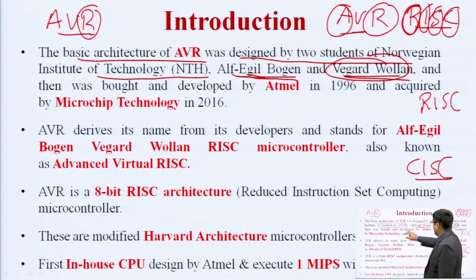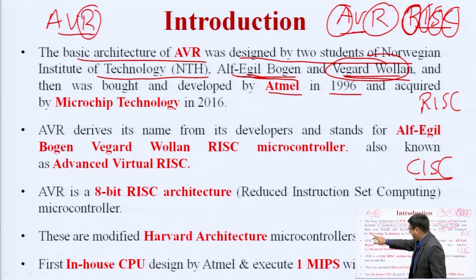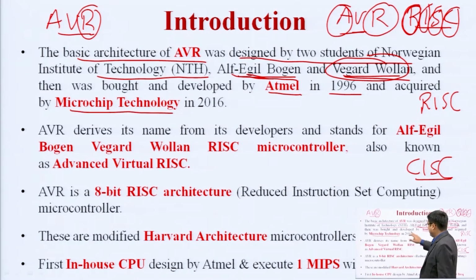It was bought and developed by Atmel. The Atmel company came out with the AVR microcontroller in 1996, and after that the American company Microchip acquired this microcontroller in 2016.